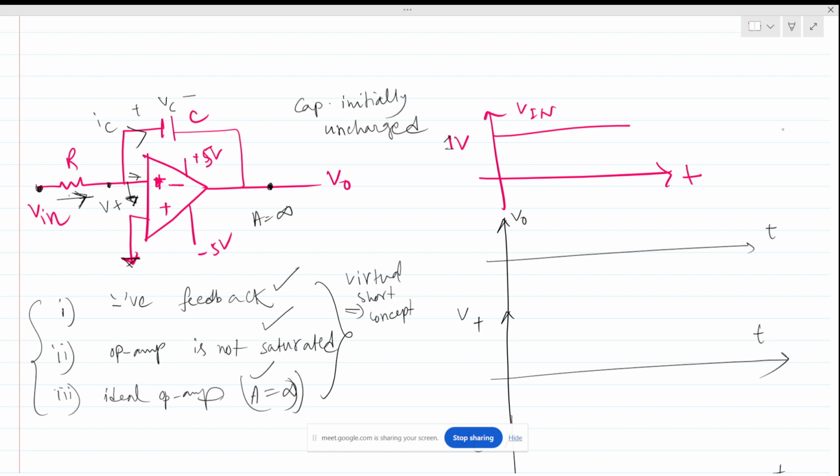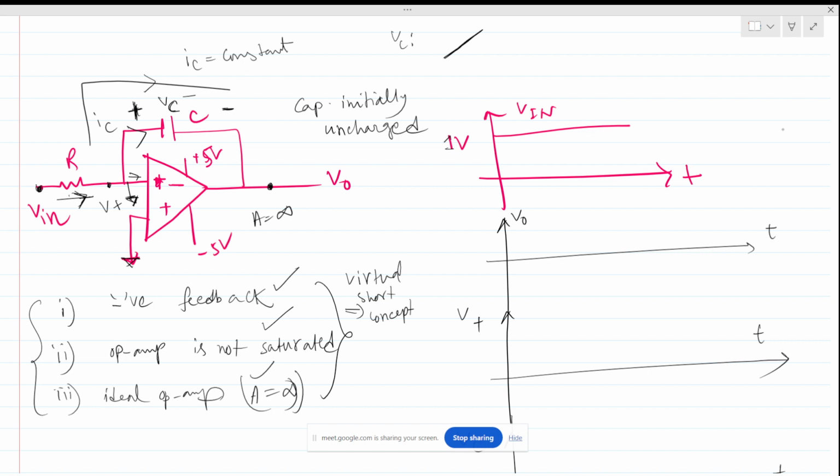So all of the current has to go through this capacitor, and the capacitor current IC is also constant, right? If the current through a capacitor is constant, the voltage across the capacitor will be ramping up, right? The voltage across the capacitor will be ramping up, and this terminal will be positive and this terminal will be negative, right?